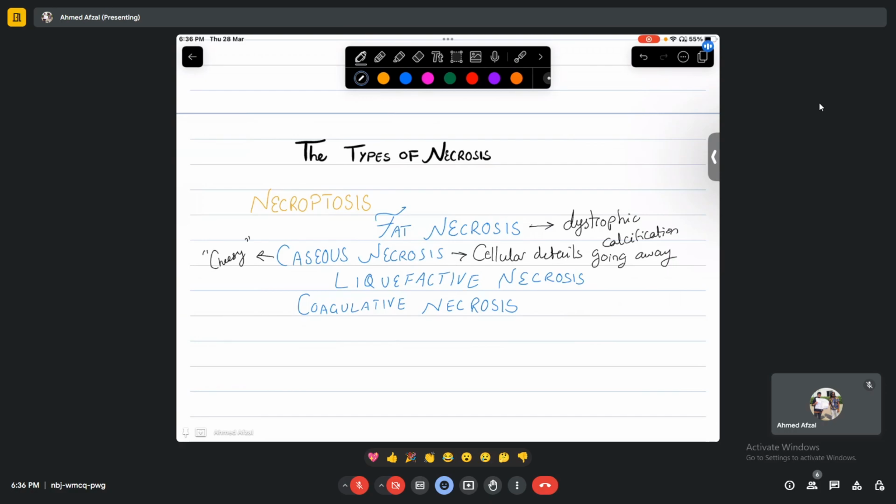Proteases. Yeah. Awesome. Liquefactive is basically the death of the cell and the aftermath that follows, which is the dead tissues which are part of the cytoplasm. And finally, we have coagulative, which is the most common, by the way.